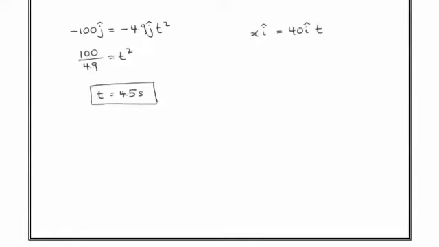Over here, in the x direction, we've got x I hat equals 40 I hat t. Again, now we can just do away with the I hats. And we've got x is equal to 40 times the time the package is in the air, 4.5 seconds. And we can solve for 180 meters. So the package lands 180 meters down from where it was released in the x direction.